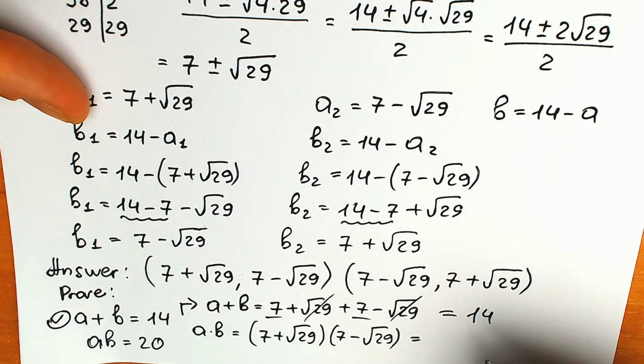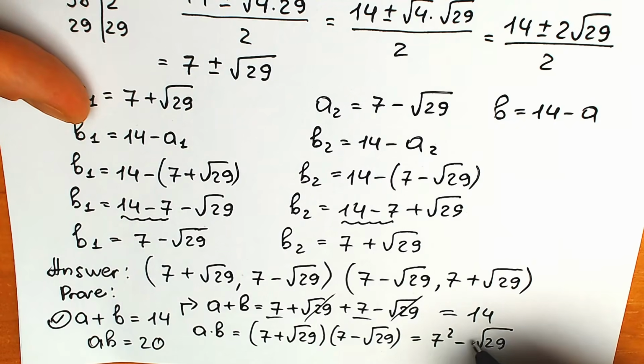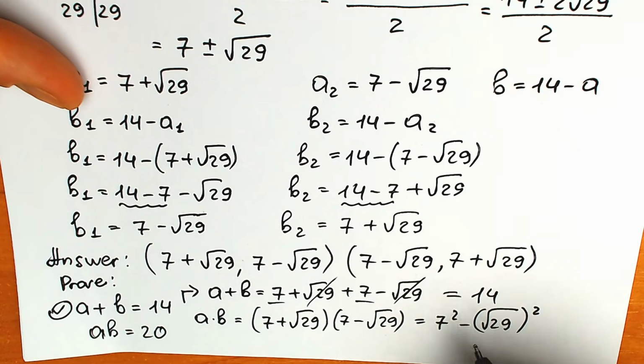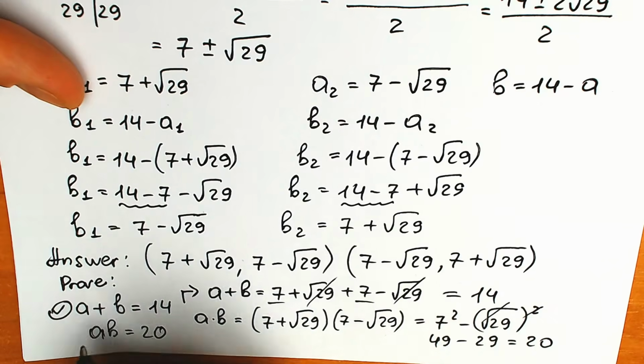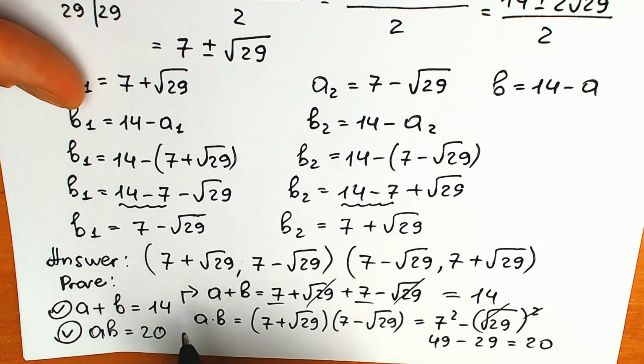This is a classic school identity. So this is 7 square minus (square root of 29) to the power 2, which is 49 minus 29 equal to 20. So the expression that we exactly need on the left side.